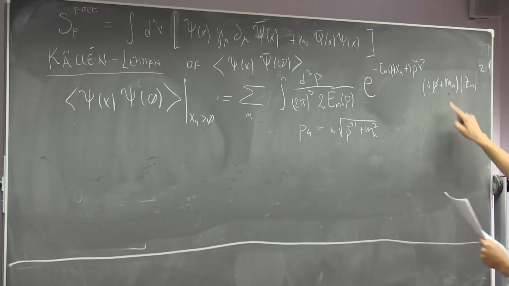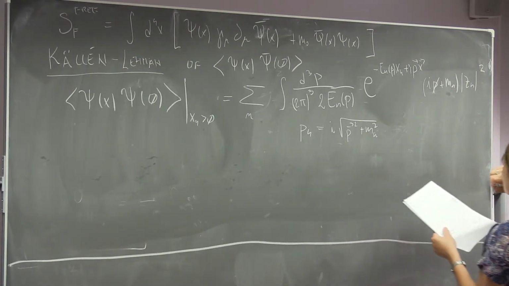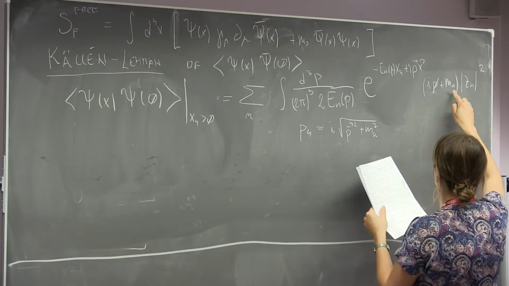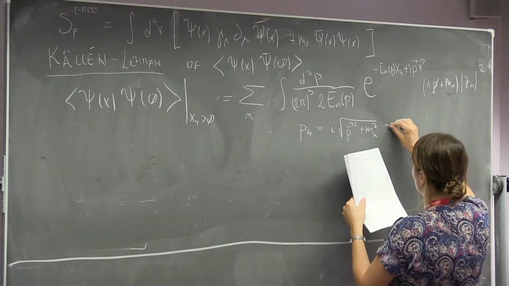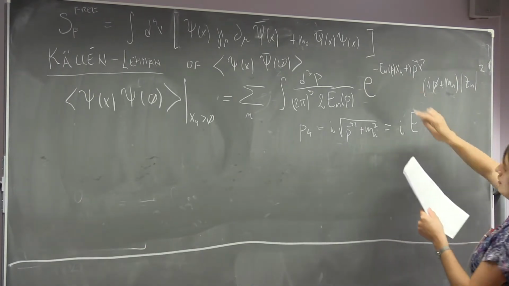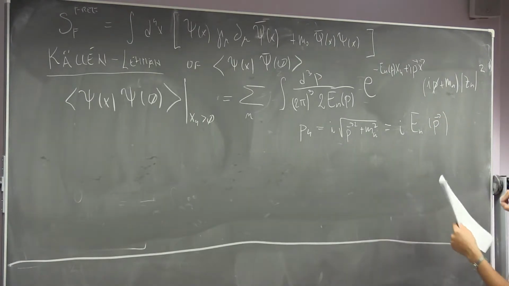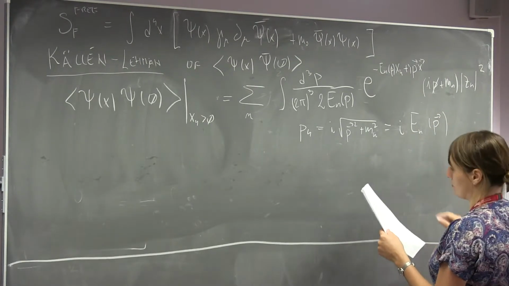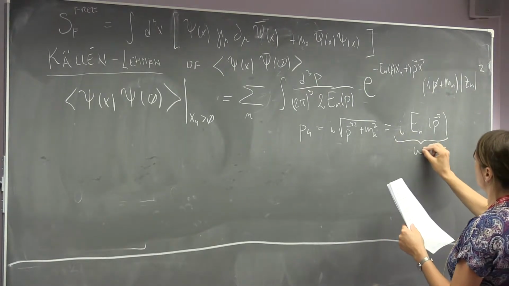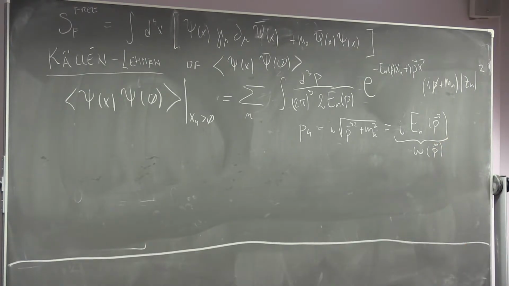We've said that this m_n is the mass, so the energy at the center of mass frame. So this equals i times this E_n of p, and we will in the following sometimes call this omega of p.